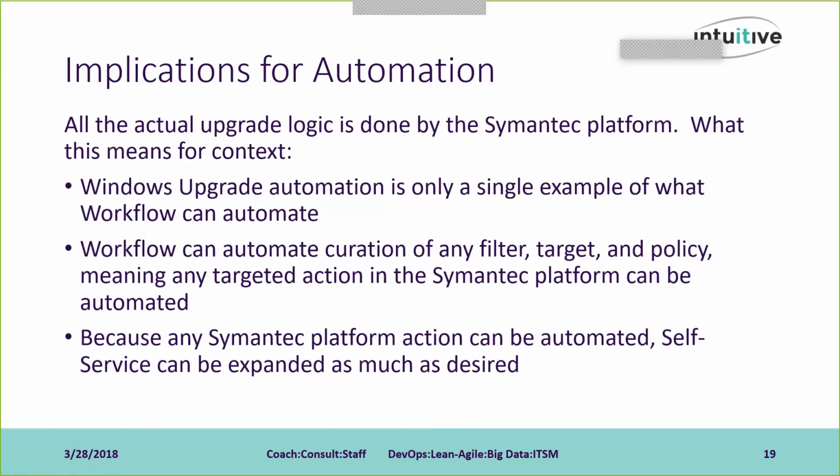So whether it's filters, targets, policies, we can automate all of the inclusions, exclusions, all the criteria for those through workflow. So don't limit the context of this to simply Windows upgrade. It can be anything you use a filter, target, policy for. We can generally automate the input of information.